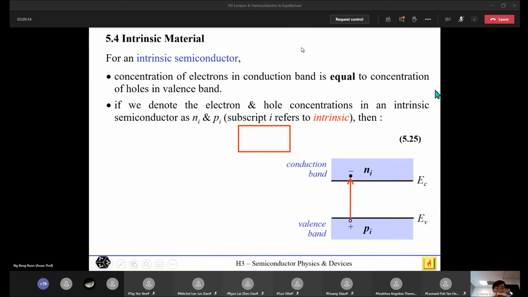We mentioned that the electron concentration and the hole concentration are equal. We denote the concentration of electrons and holes as Ni and Pi, with the subscript i to indicate that it refers to an intrinsic semiconductor material.